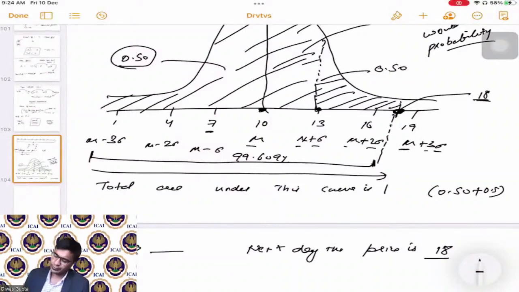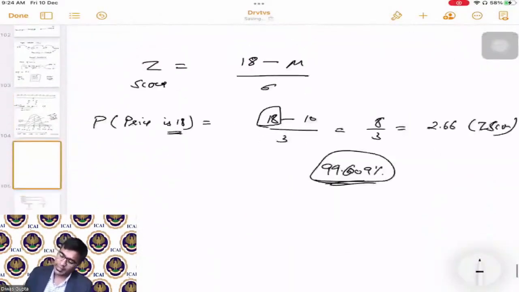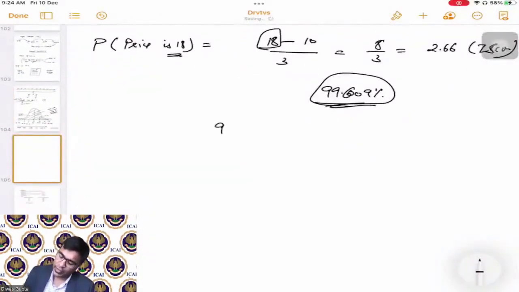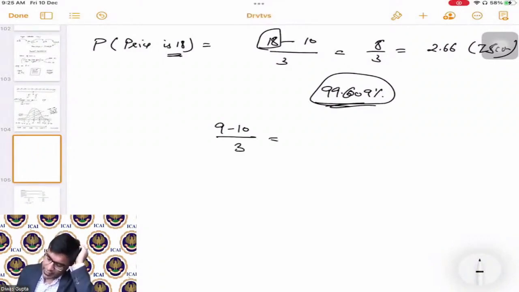Okay. It can be negative also. The Z score can be negative. Now, let's say we have to find the probability of 9. What is the probability that tomorrow the price is going to be 9? 9 minus 10 divided by 3 is minus 0.33.